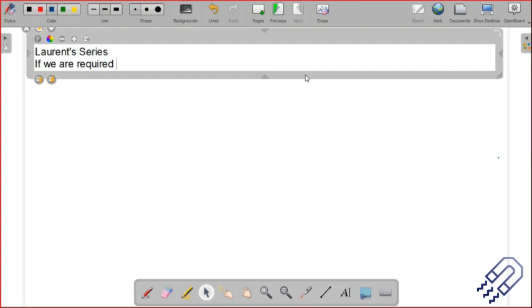We can do it. If we are required to expand f(z) about the point where the function f(z) is not analytic, then it can be expanded by Laurent's series.